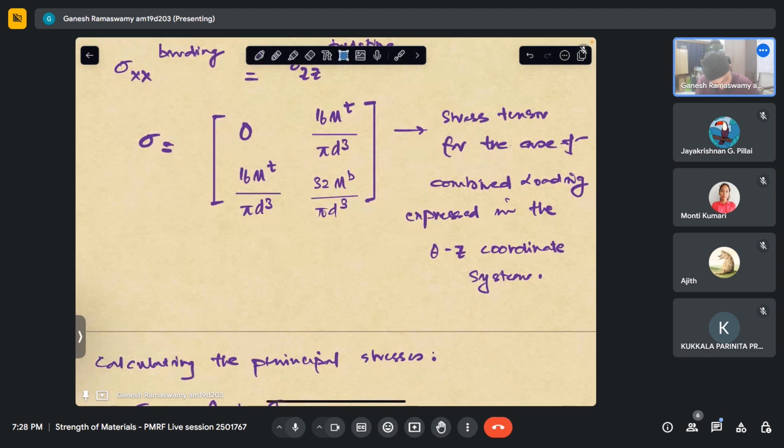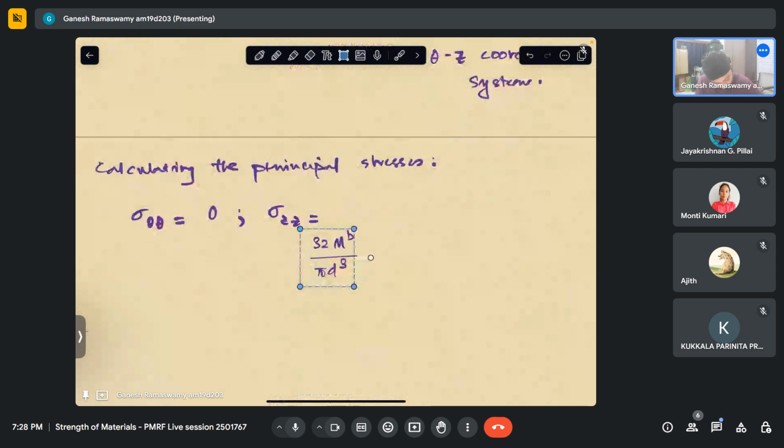And then we have tau theta z, or tau z theta, however you want to call it, as this quantity.